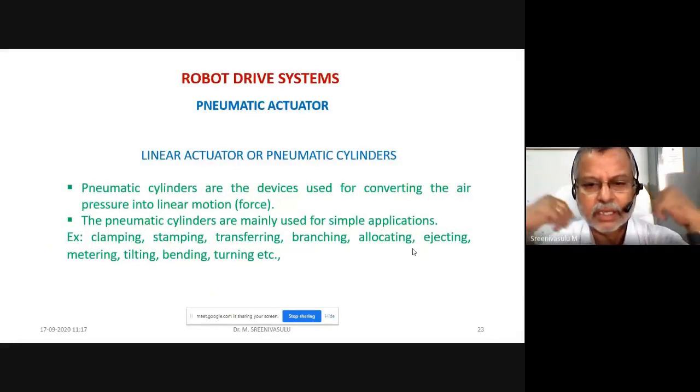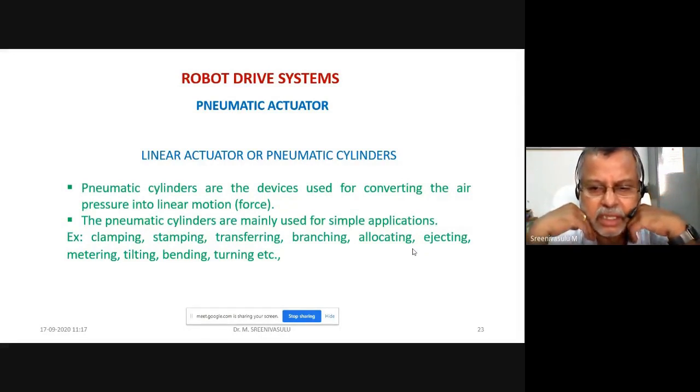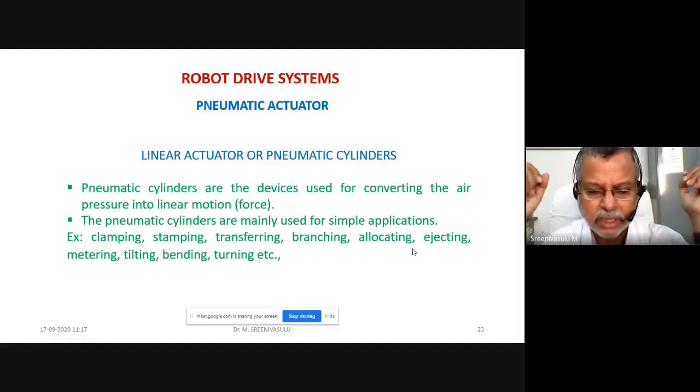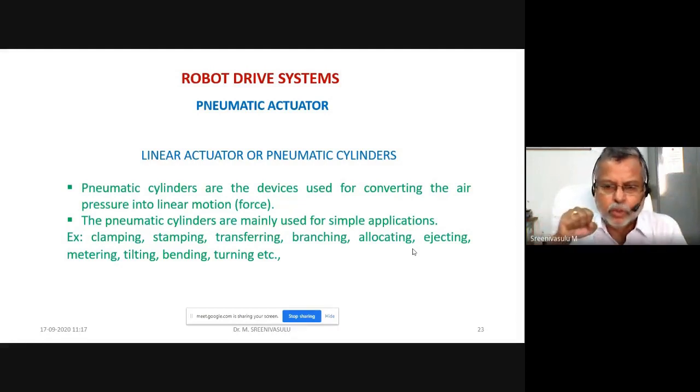Pneumatic cylinders are the devices used for converting the air pressure into linear motion or force. See, I have tried to move my arm. Altogether, this wrist has moved.